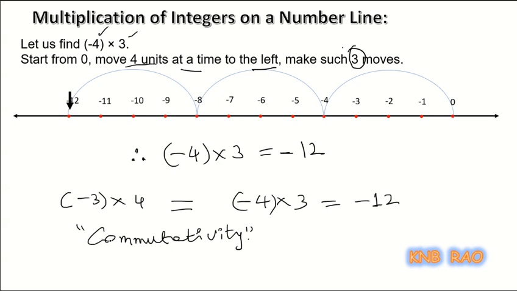It tells that product of any two whole numbers in any order gives the same result or same answer. We have learnt for whole numbers as a into b is equal to b into a.